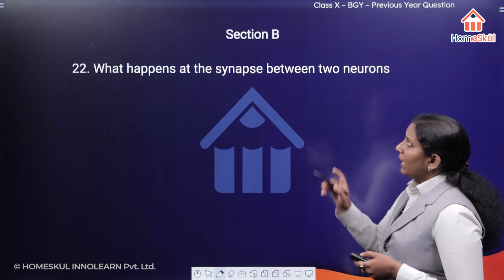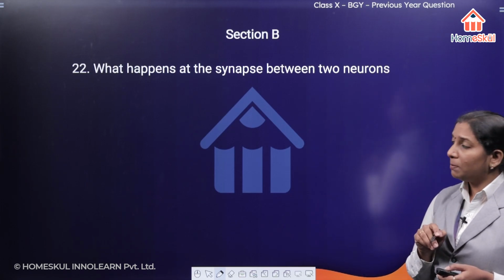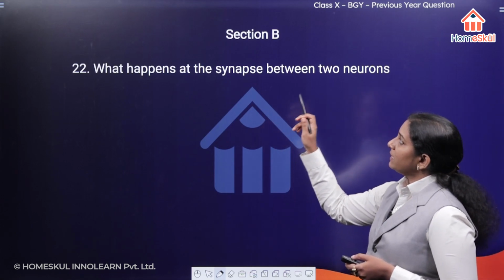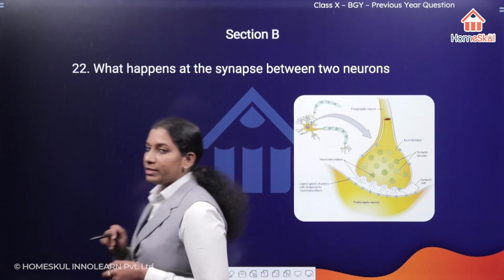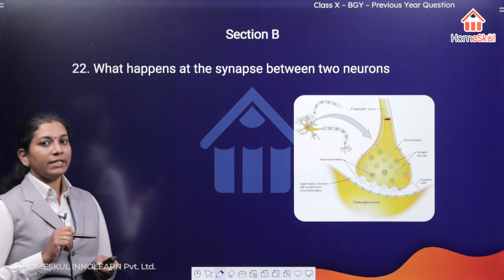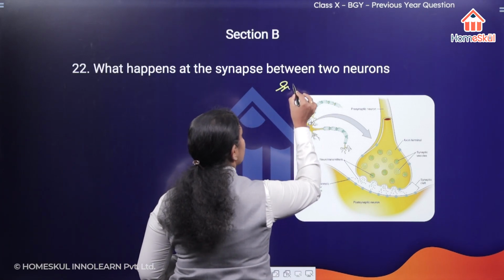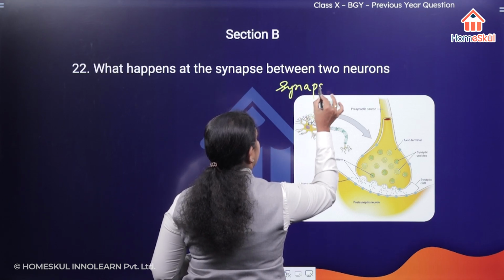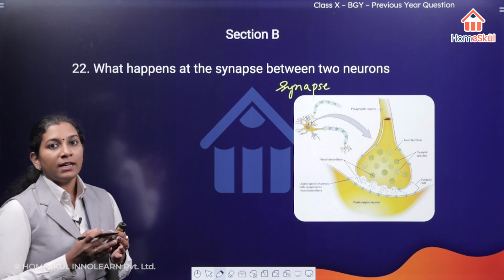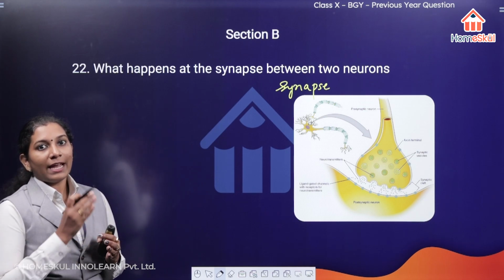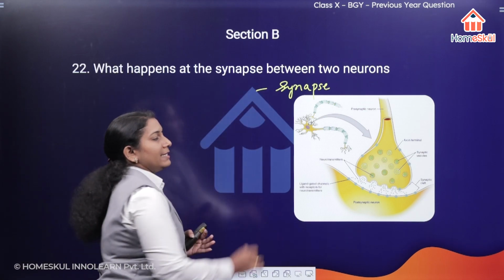Then question number 22. It is actually a question from section B. What happens at the synapse between two neurons? You can see the figure of a synapse here. So what do you mean by synapse? That means two neurons are communicating at the junctions, and that junction is called the synapse.